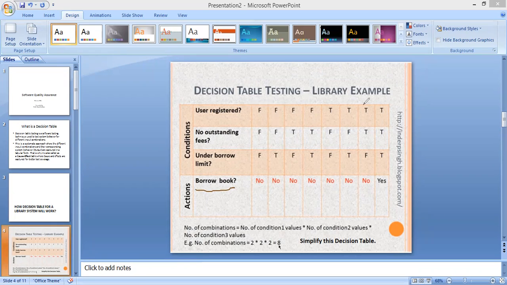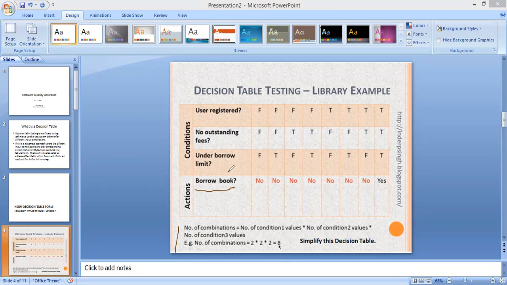Now, these were all the possible test cases that were created when we went through this requirement. How do we get to know how many possible test cases can be created? Here is the formula. Number of combinations equals number of condition 1 values times number of condition 2 values times number of condition 3 values. Over here, a user would either be registered or not registered, so there are two values. Similarly, the user would either have an outstanding fees or not.